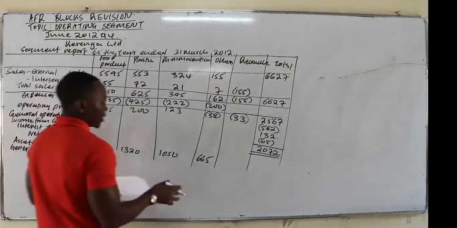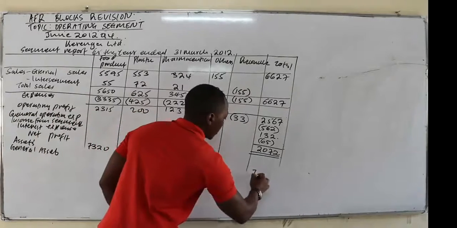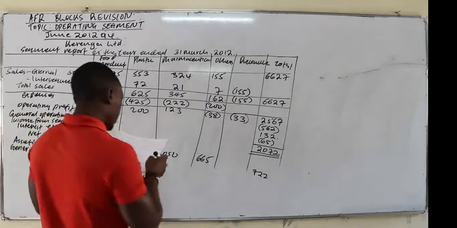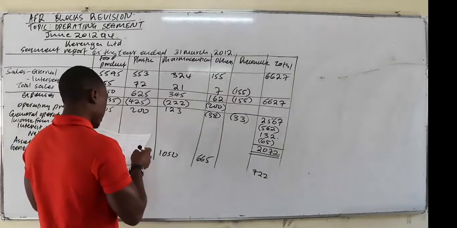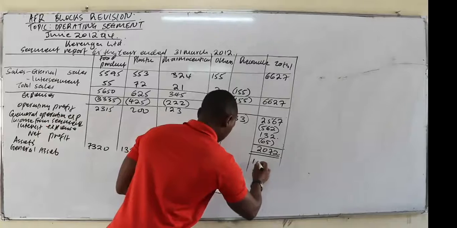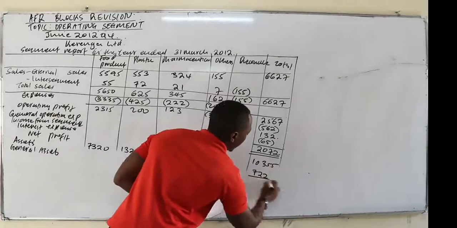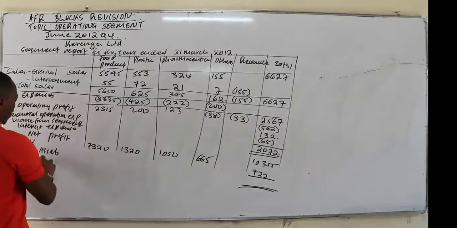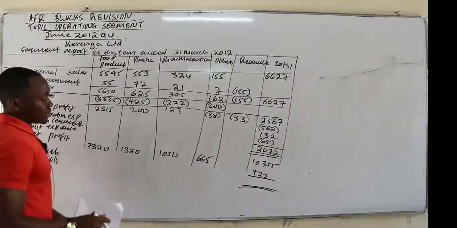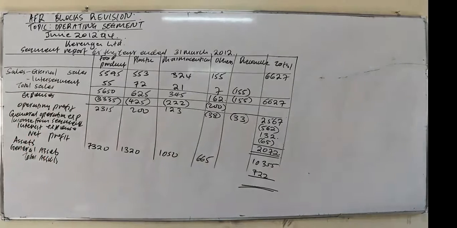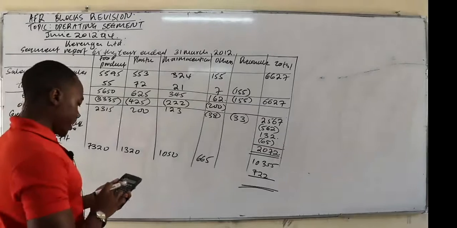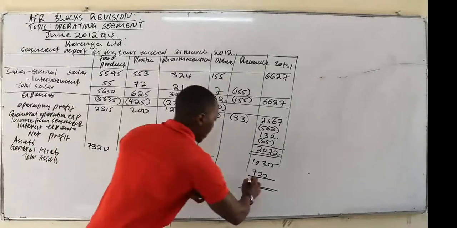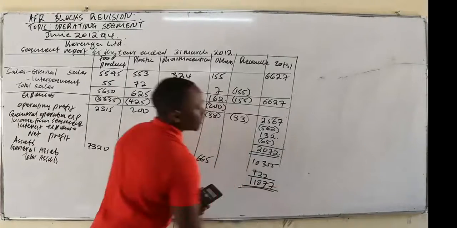General assets, so you take it to the total, an amount of 722. So the other total assets, that is 10,355. And then you add the general assets for you to get the total assets. Total asset, you have 10,355. You add 722, you have 11,077.